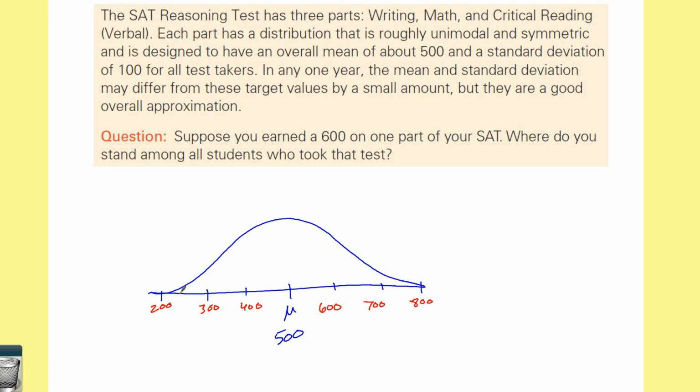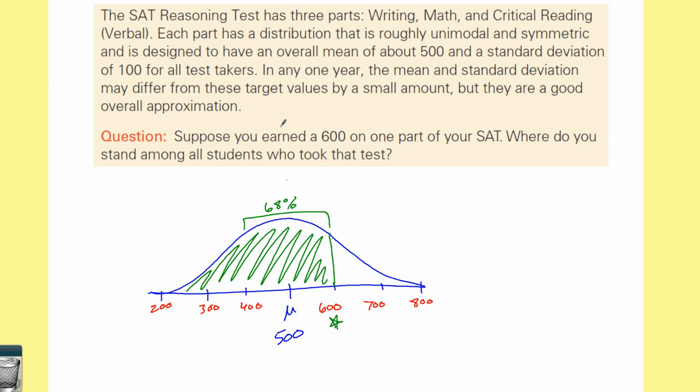Suppose I earned a 600 on one part of my SAT. So where do I stand among everybody else? Well, that is 1 standard deviation above the mean, so I did better than all of these people. I know that from here to here, 1 standard deviation is 68%. From the middle to the end should be 50%.